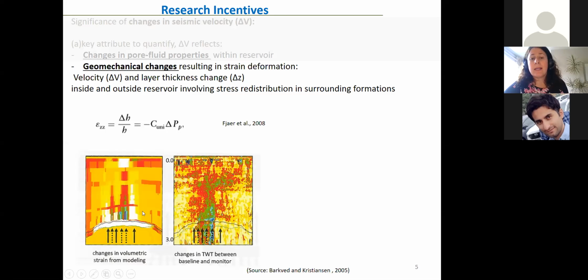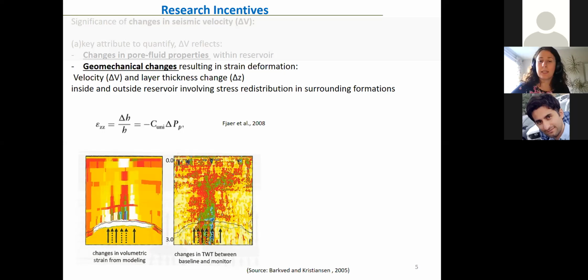So here I'm just showing an example from the Valhall field, which is one of the oil fields, a pretty old oil field in the Norwegian sector. And it went into production in 1982 and is expected to remain running for a few more years. So this is one of the first cases that was studied in terms of its strong geomechanical behavior.